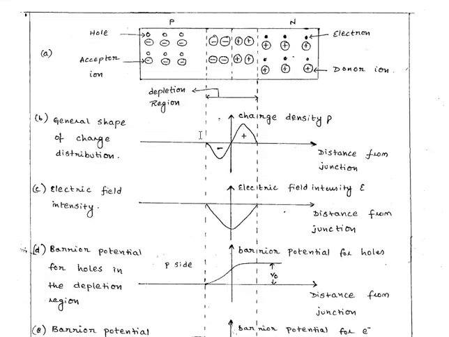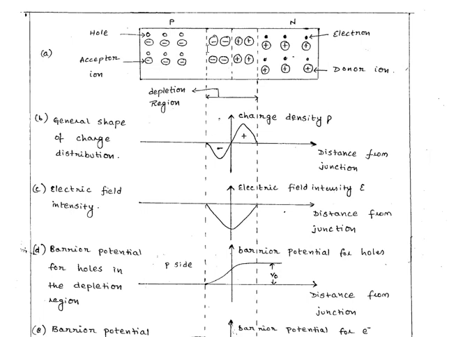Now, if you come to analyze the p-n junction diode, in p-type we have holes as well as acceptor ions, and in n-type we have electrons as well as donor ions. Coming to the general shape of charge distribution in the junction, since the charge on the p side is negative, the charge distribution is negative, and since it is positive on the n side, it is a positive charge distribution.